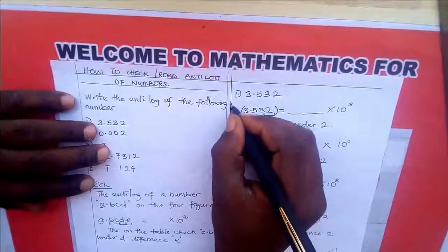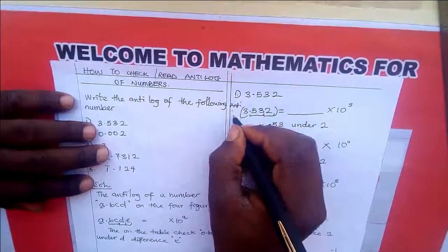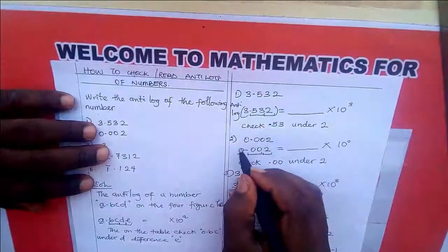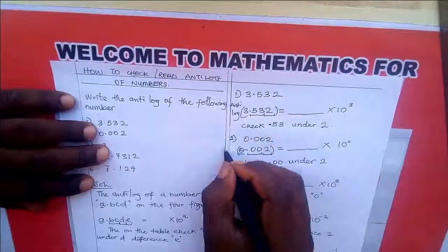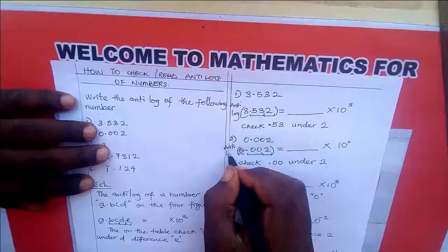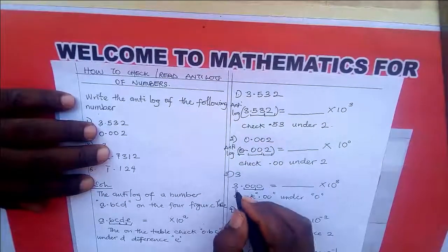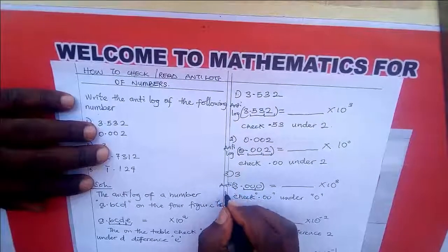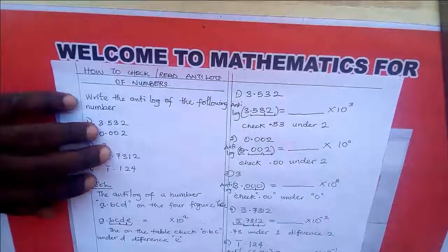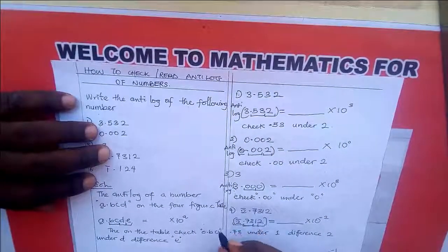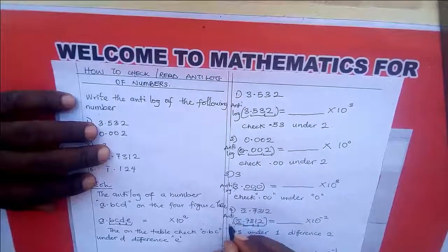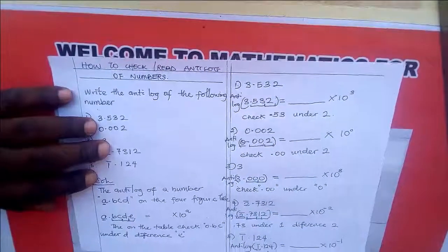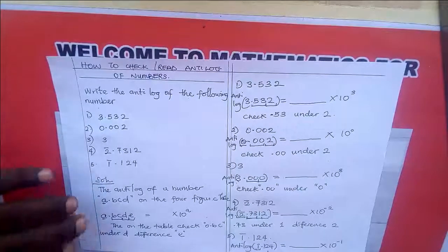This is the antilog. Here is the antilog. And here also is the antilog of the number. So let me read them up.